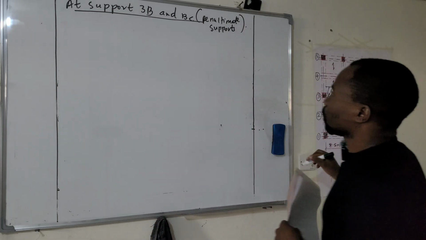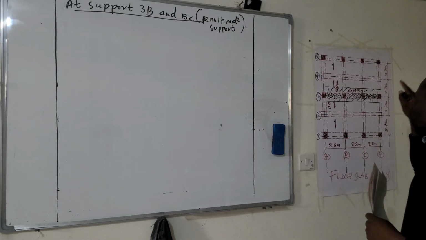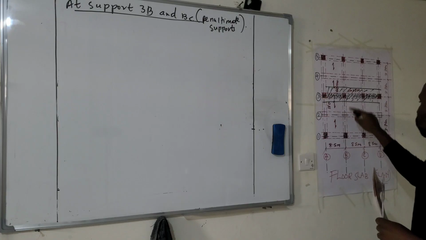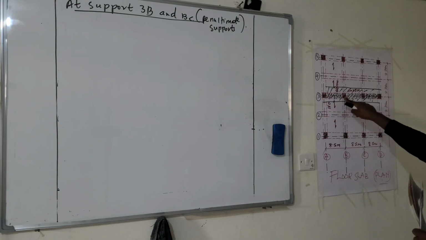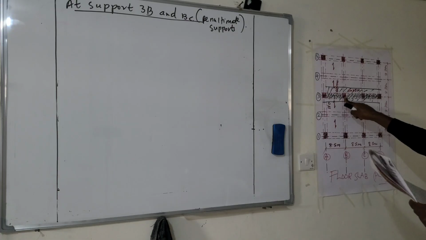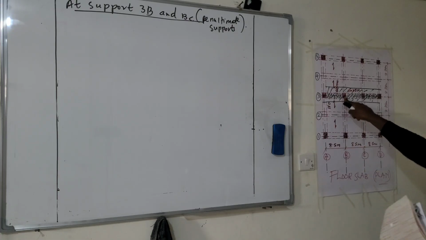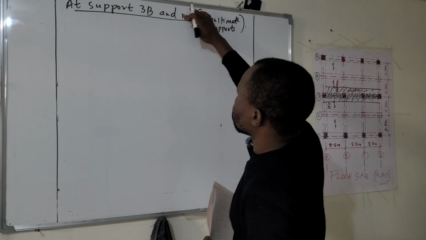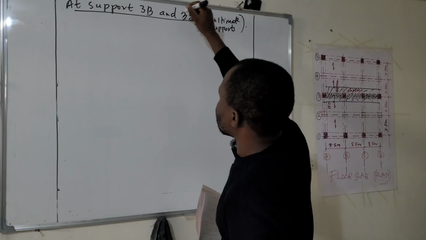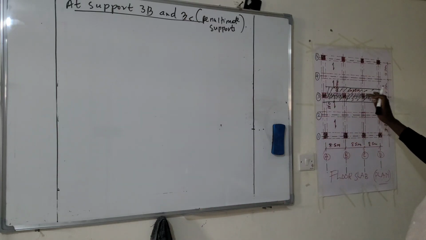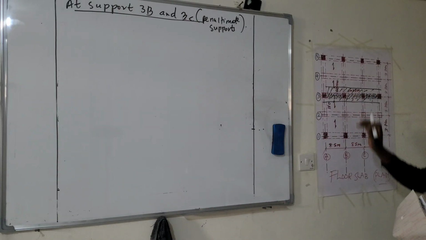So this is support 3B, where 3 and B meet. And then 3C, this one and this one.